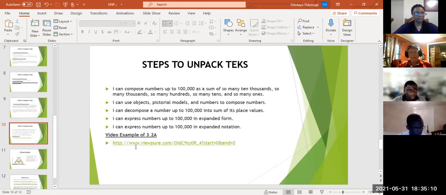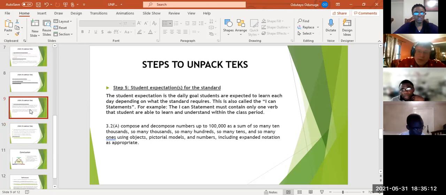So once you are able to understand and unpack your TEKS, you're going to develop student expectations. Usually there is something we all know, the year at a glance, we call it YAG.